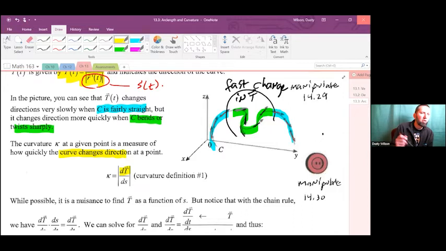But we want to do this with respect to where we are on the curve. Where we are on the curve is given by ds, because that's according to the arc length. So how fast is T changing, dT, with respect to where you are on the curve, ds. And that's our first definition of a new term called curvature.